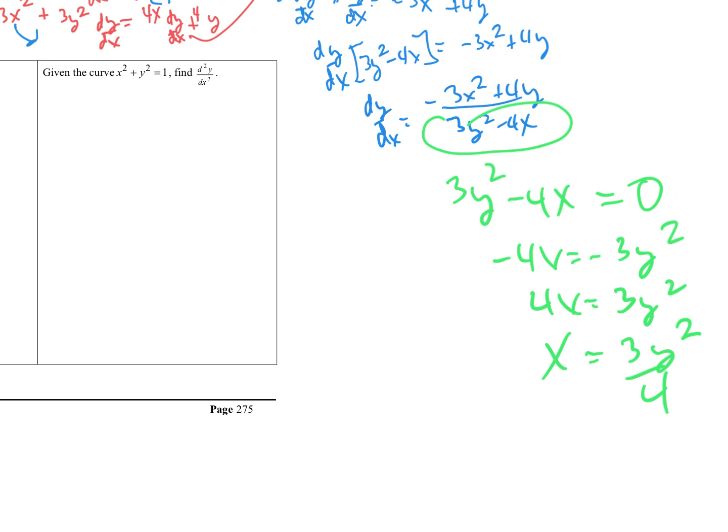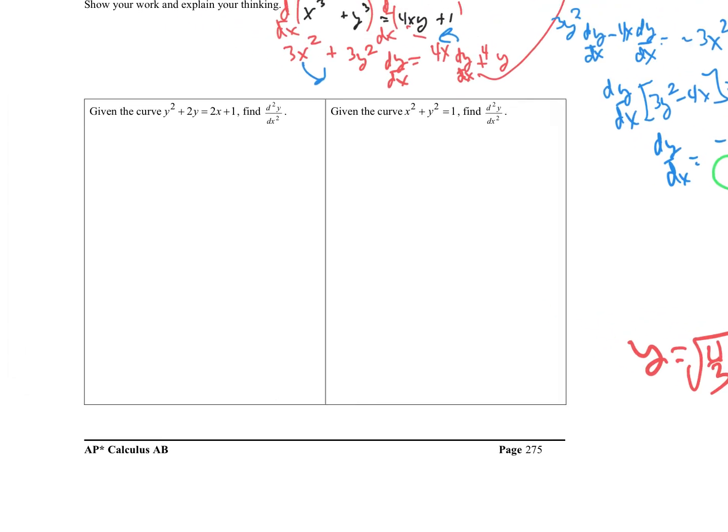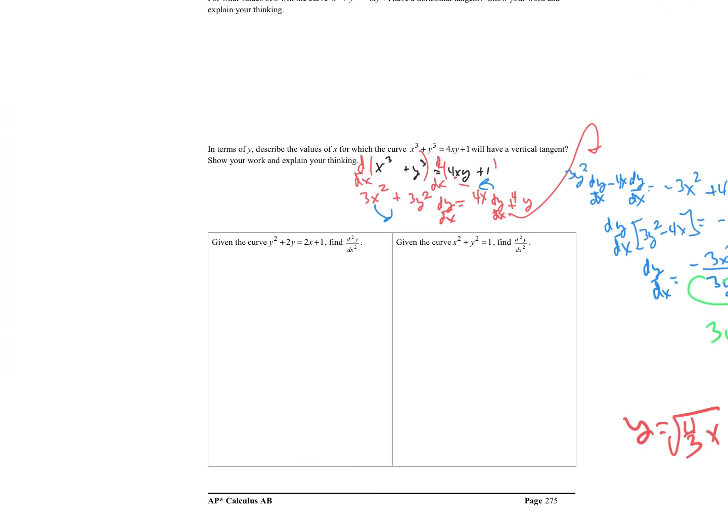It'd be silly to solve for y, but I'll just do it for fun. y would be the square root of 4/3 x. You can go both ways. I'll get back to you if I see anything else on that one.